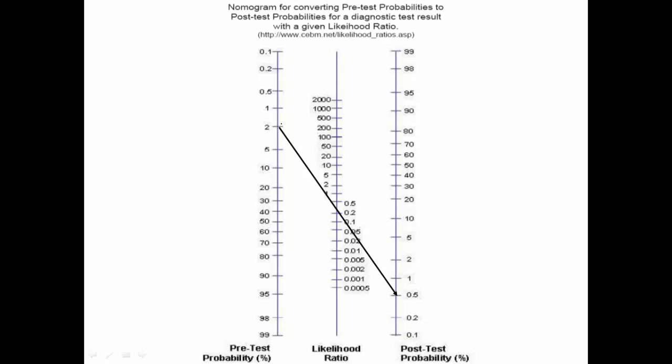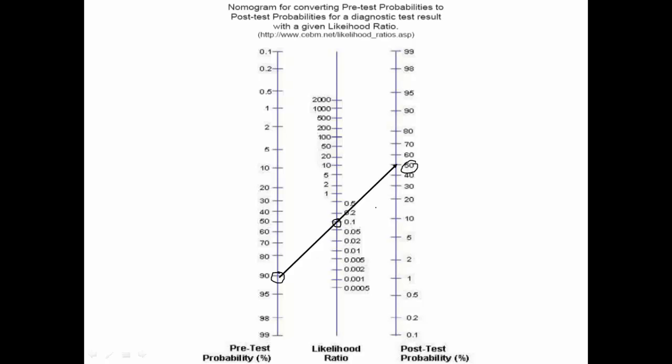Similarly, for likelihood ratios for a negative test, starting at a very low prevalence and getting a decent, though not great, likelihood ratio for a negative test, it doesn't decrease the likelihood that much. It goes from 2% to 0.5%. Are you really that much less sure about the disease at that point? If somebody has a real high pretest probability and you do a fairly good test, 0.1, you only get down to 50% probability.